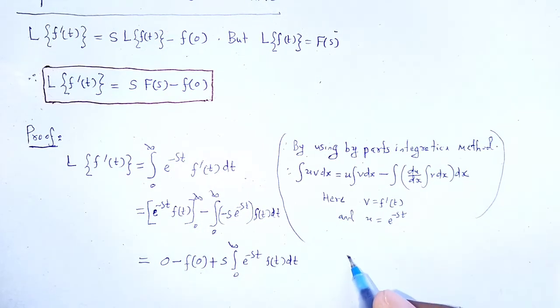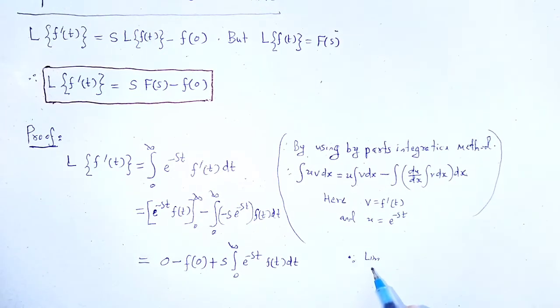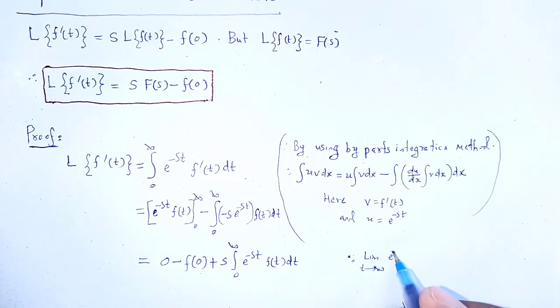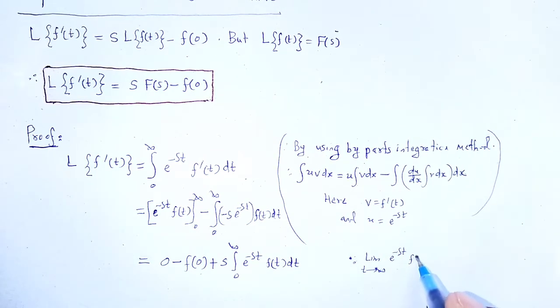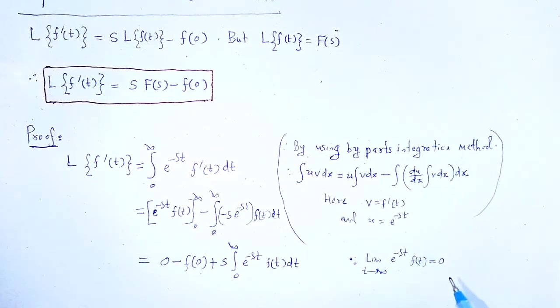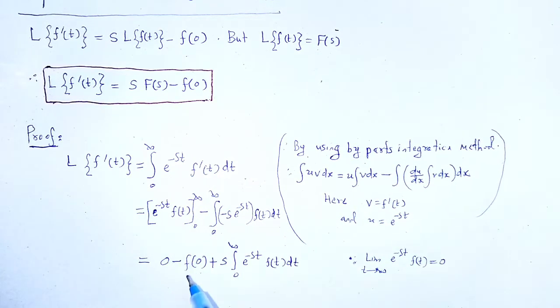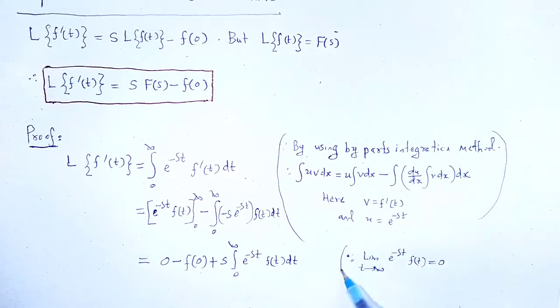In that case, the limit t tends to infinity, the value of e to the power minus st f of t will be 0. So, at infinity that value will be 0, and at 0 the function is evaluated as f of 0.